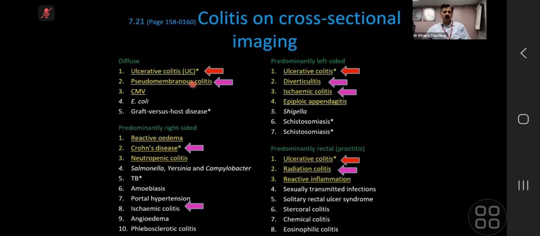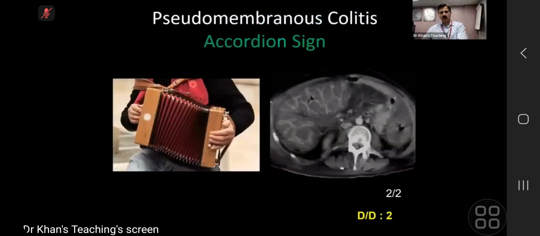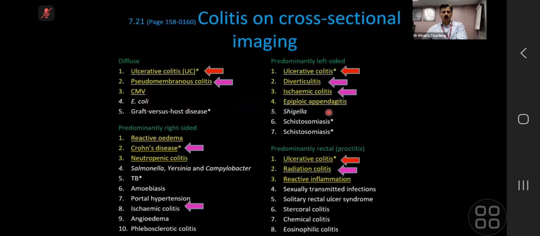In pseudomembranous colitis, the thickening of mucosa, they say, is much more than anything else, but that is not an absolutely specific finding. This is known as accordion sign, where you look at this thickening and this is the mucosa. So, other than pseudomembranous colitis, these things you have to remember, but UC, you should have a clear-cut concept about UC.